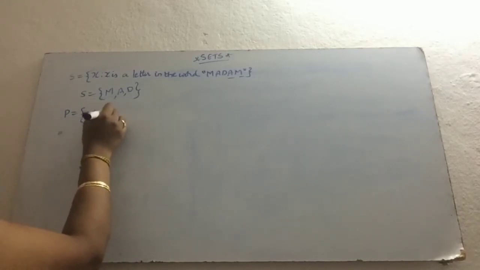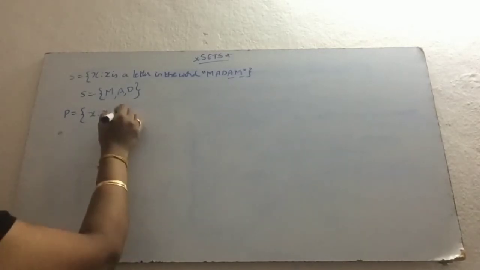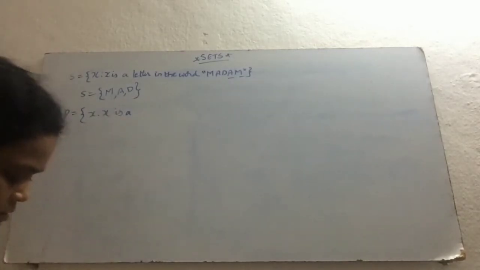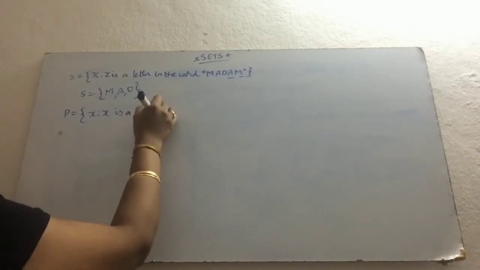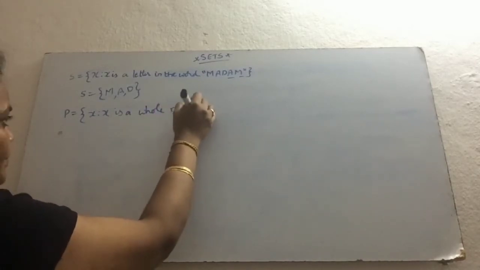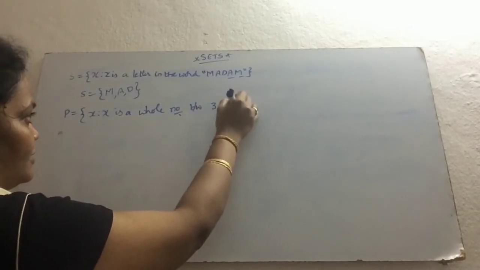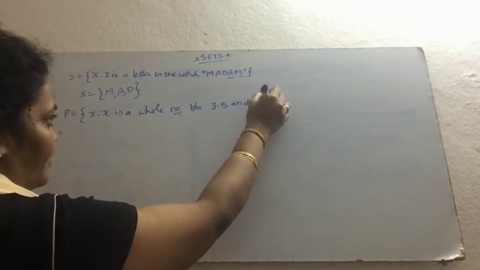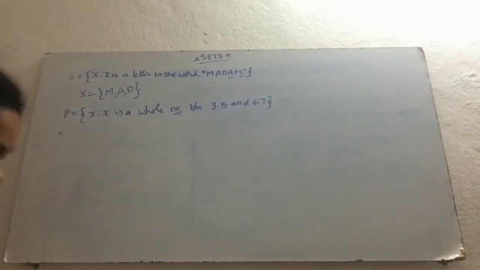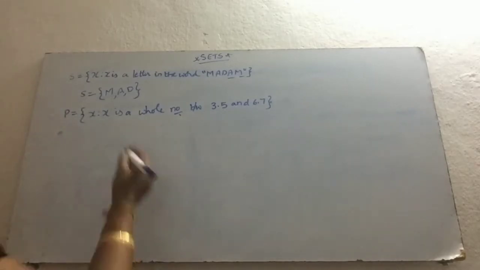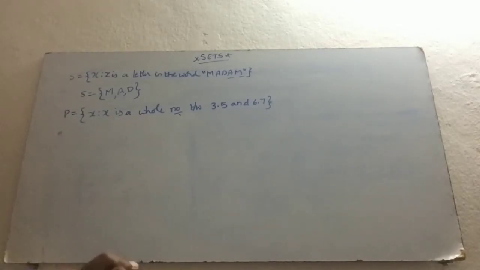And next one, P equal to the set of x such that x is a whole number between 3.5 and 6.7. So whole numbers means 0, 1, 2, 3 and so on.